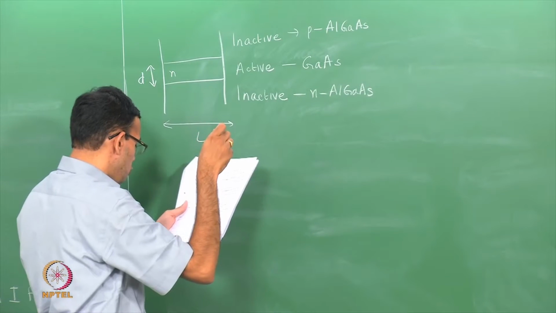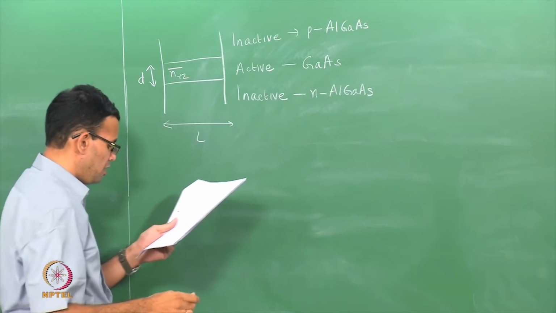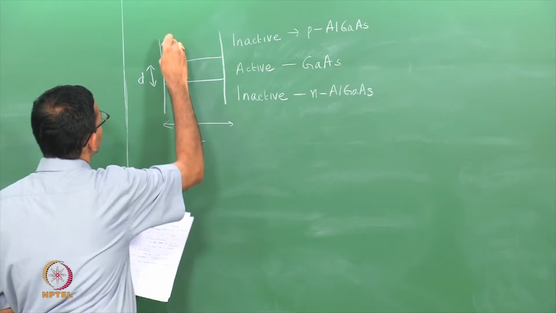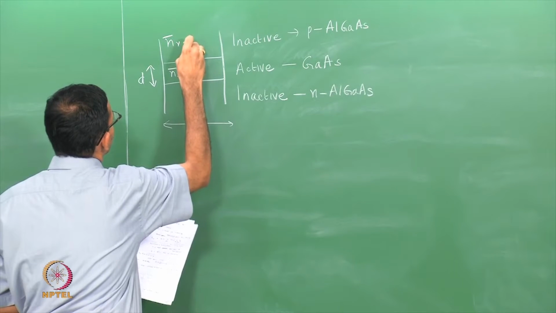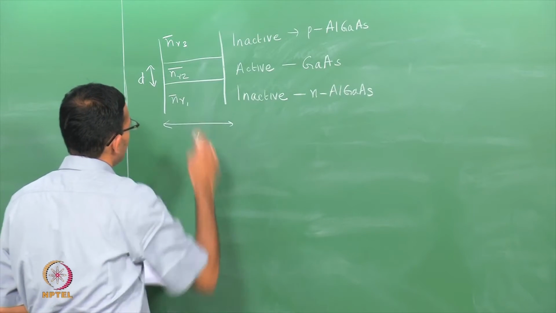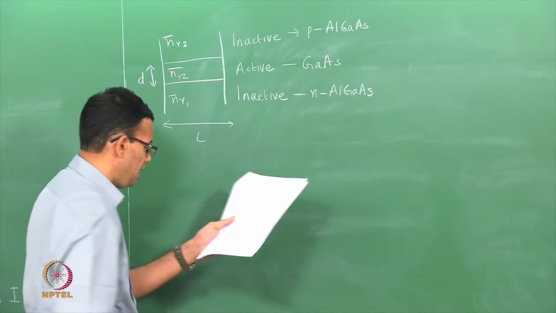So, let Nr2 be the refractive index of gallium arsenide, and Nr3 and Nr1 be the refractive index of the inactive aluminum gallium arsenide layers.